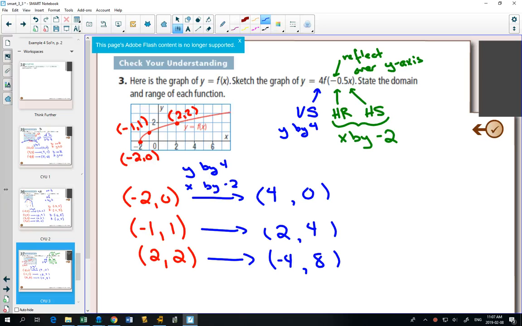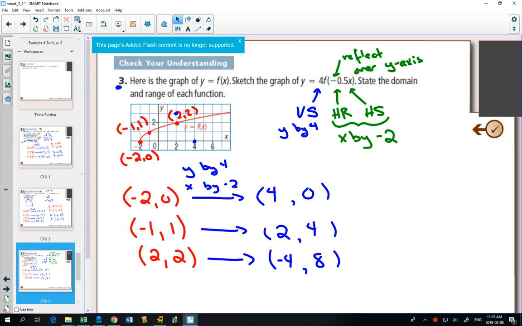So now when I plot these points, I have (4, 0), (2, 4), and (-4, 8), which would be somewhere up there, way off of my graph. And now we have, question? -2, oh, thank you, yes.